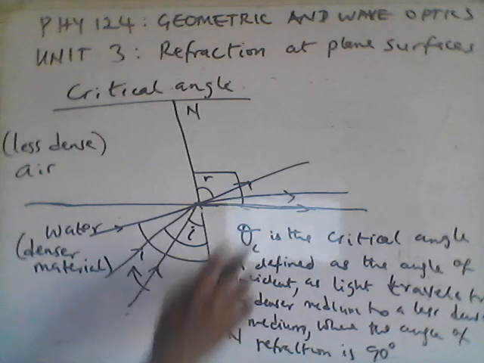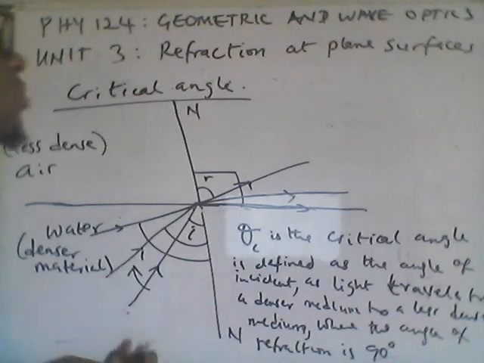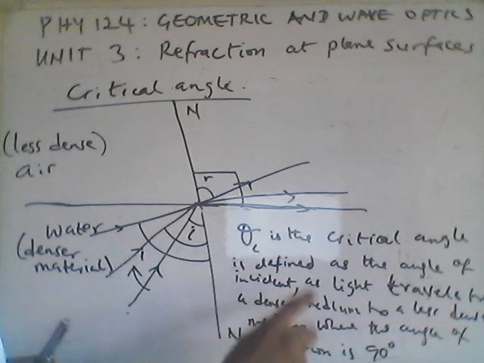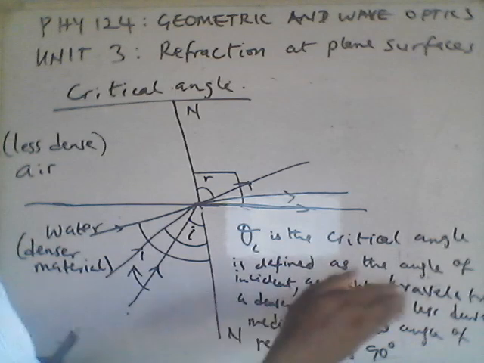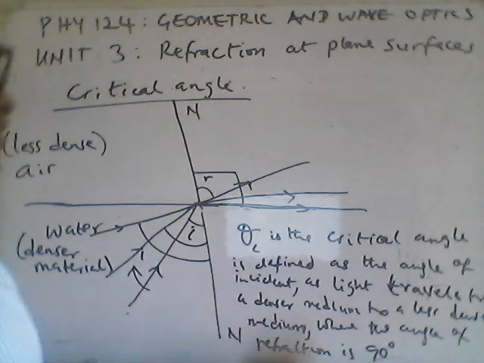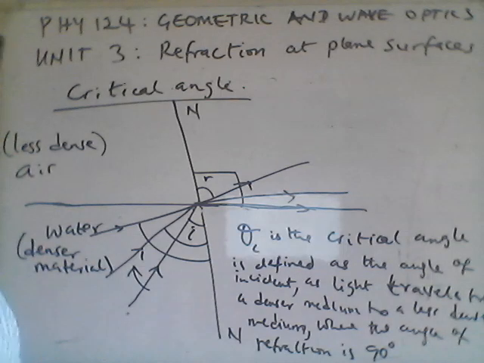Okay, so critical angle theta C is the angle of incidence as light travels from a denser medium to a less dense medium, where the angle of refraction is 90 degrees.